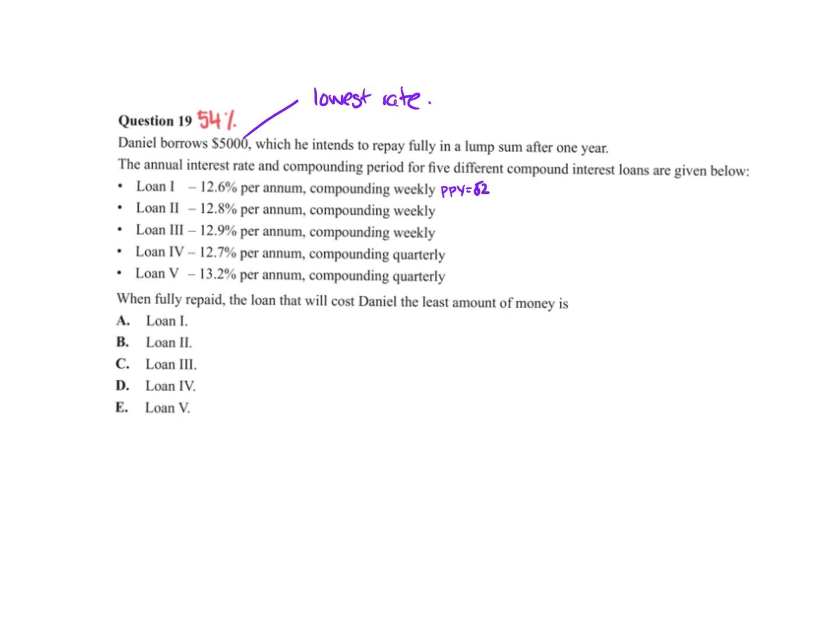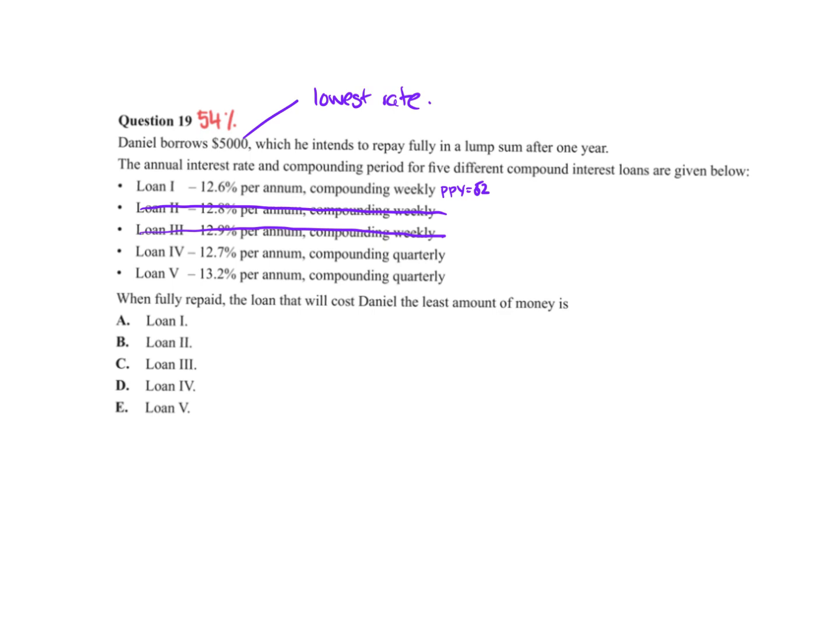Which one's a better option there if we want a lower one? The 12.6. So just get rid of that. At the moment, I'll take 12.6, my first option. Then if you look at the next one, it's 12.9 compounded weekly. Well, I'm still going to stick with 12.6, aren't I? I don't need to work that out. I can see that 12.6 is still lower.